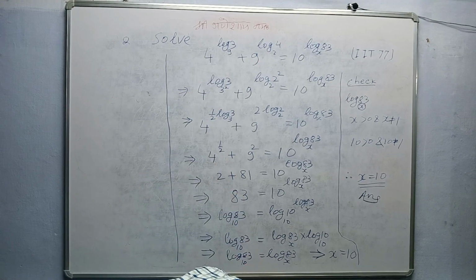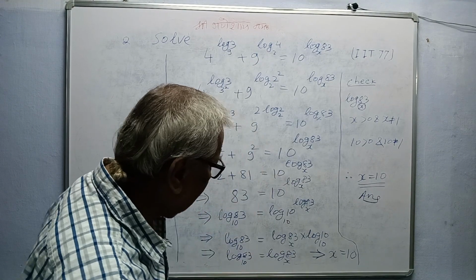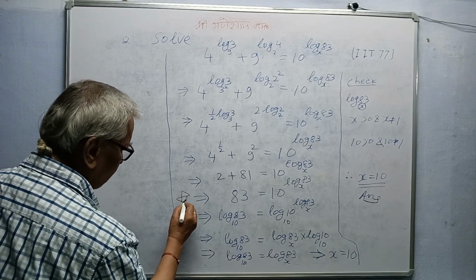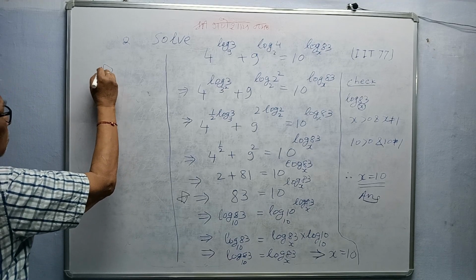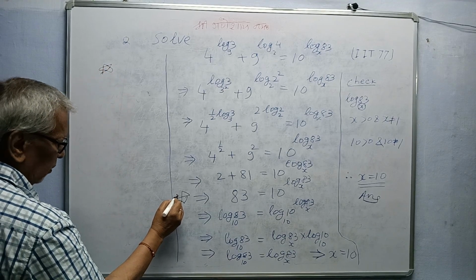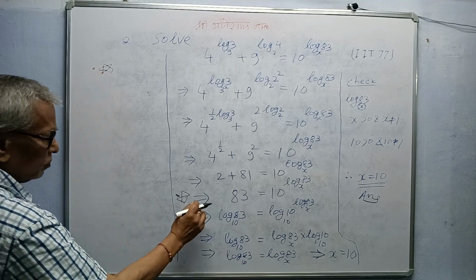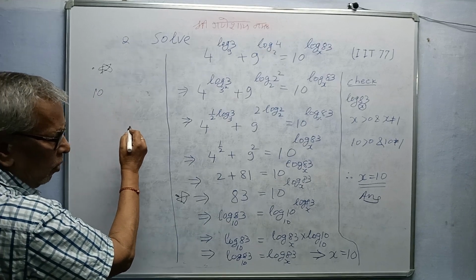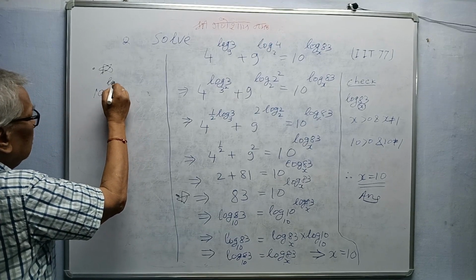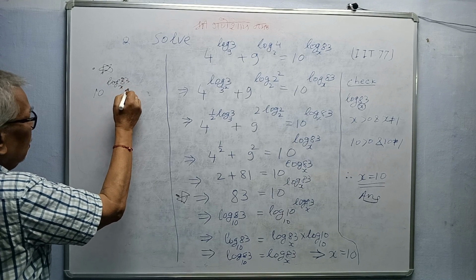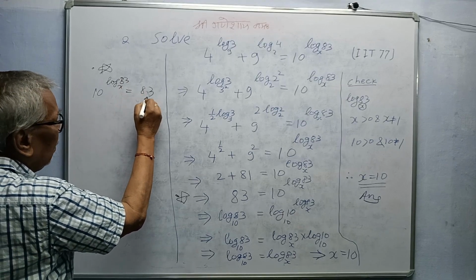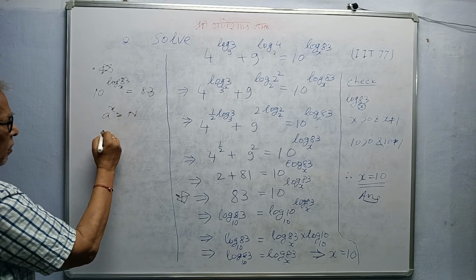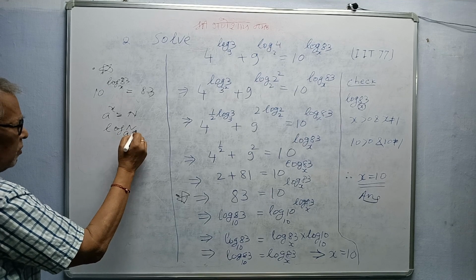Again, we can also calculate from here. 10 to the power log 83 to the base x is equal to 83. We have the formula: a to the power x is equal to n, then log n to the base a is equal to x.